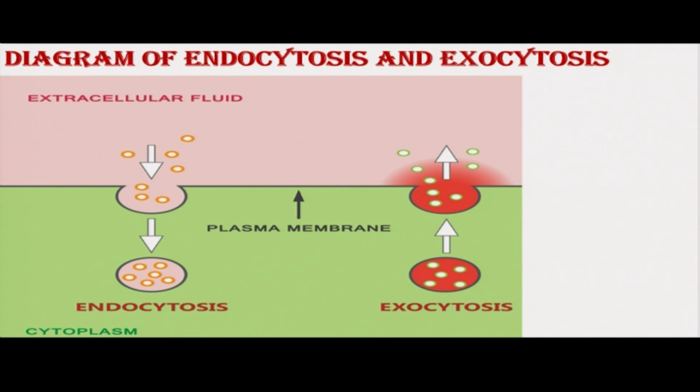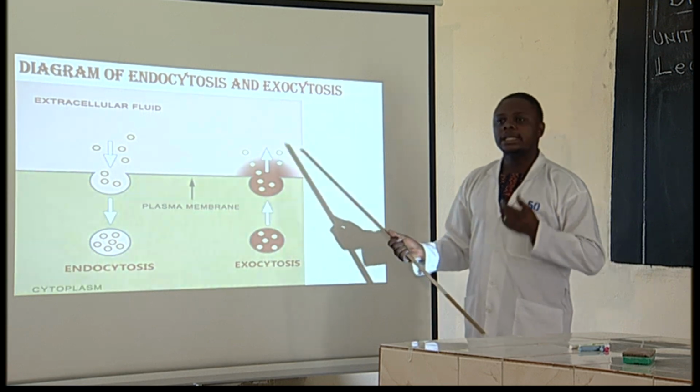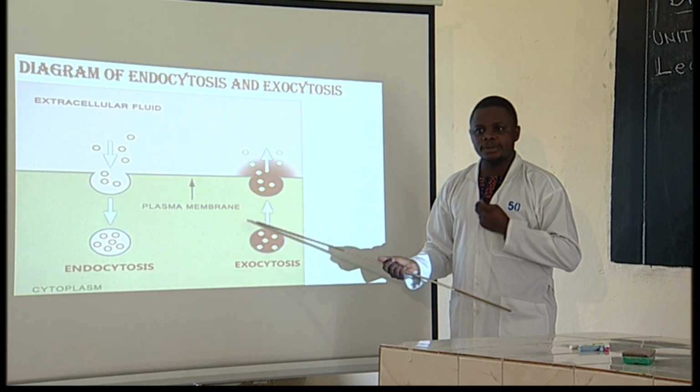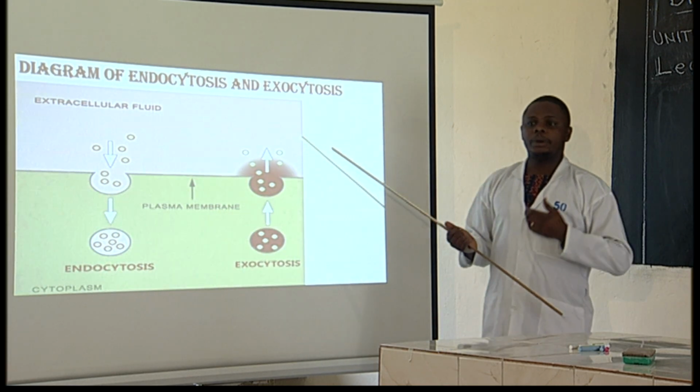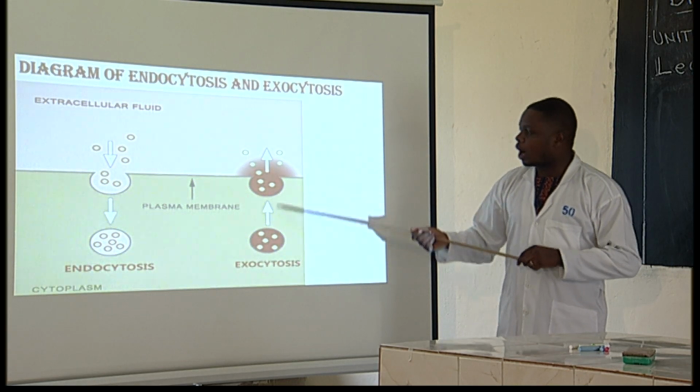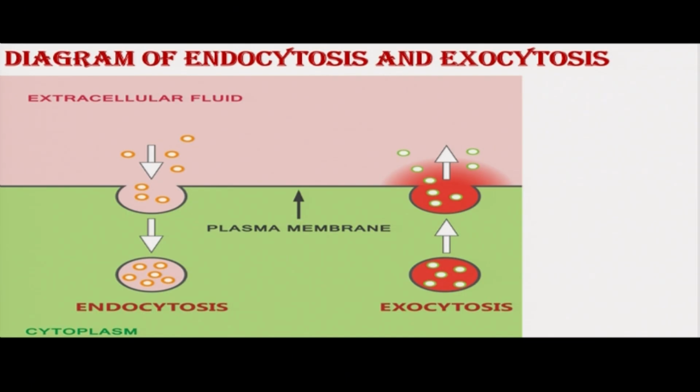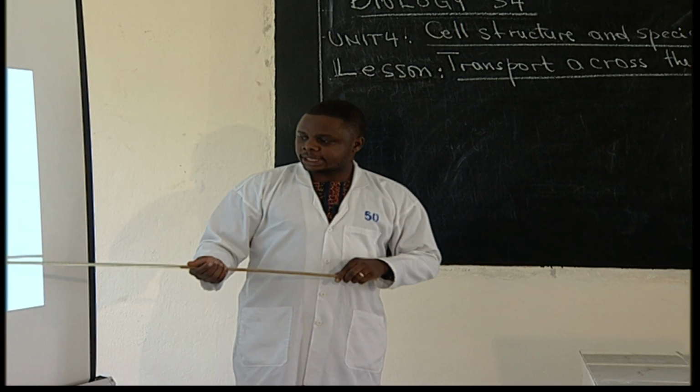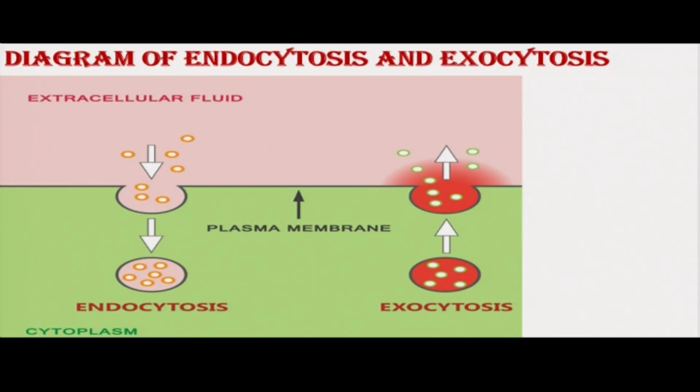We have given examples where we have seen some hormones produced by cells can go out. We have seen some proteins, like enzymes, can go out. Even some waste products produced by cells can go out by the process of exocytosis.